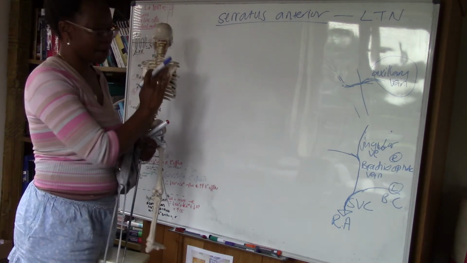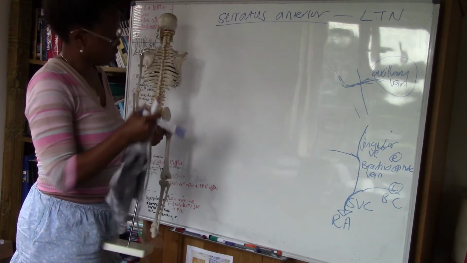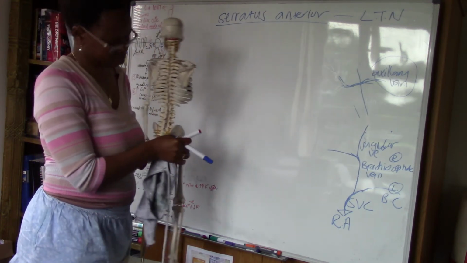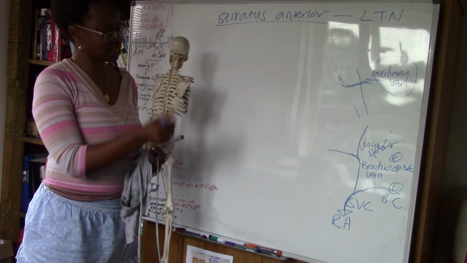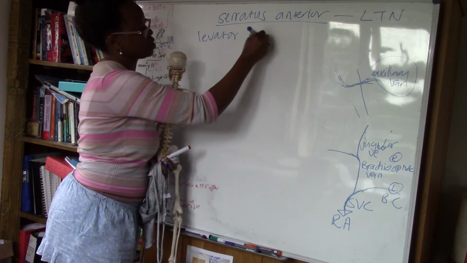So the posterior muscles of the upper limb will include, I'll very quickly do them, levator scapulae, starting deep.